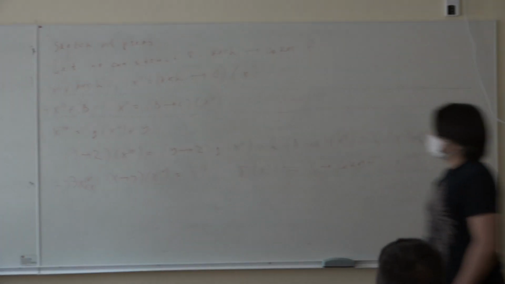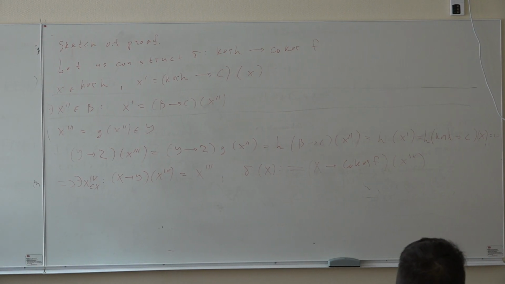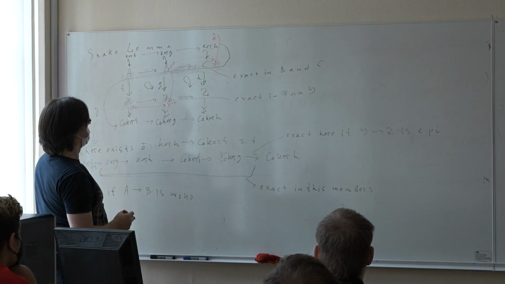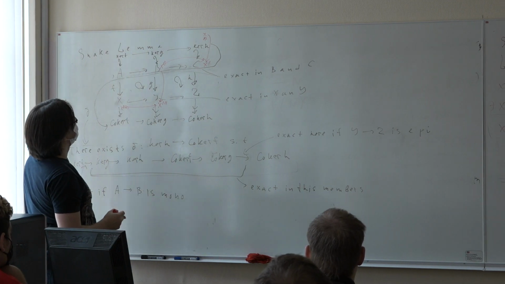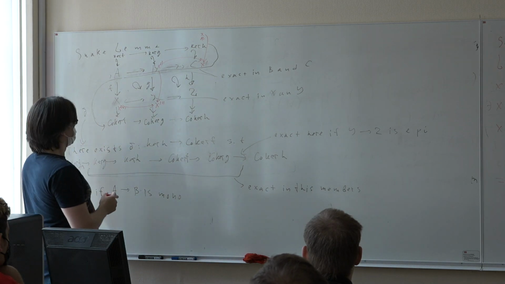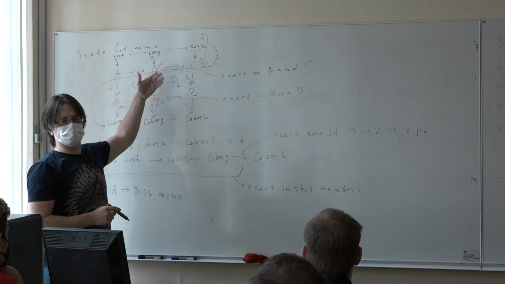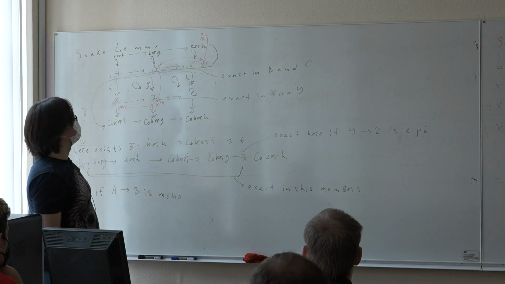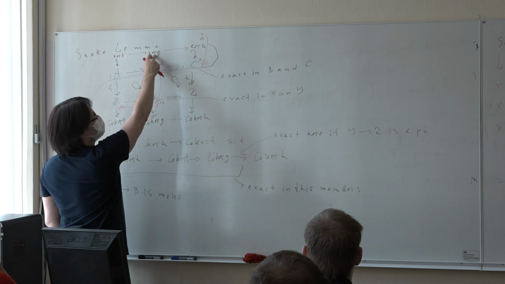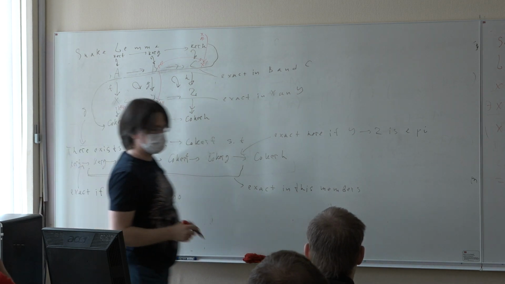So in fact we need to prove many things. We have to prove that delta doesn't depend on the choice of x2 prime and x4. Then we have to prove that the image of this arrow is exactly the kernel of delta. In fact, we need to prove it on one side, because on the other side it is the same thing by duality. Here it is exact in this member and in this member, and in this by duality.